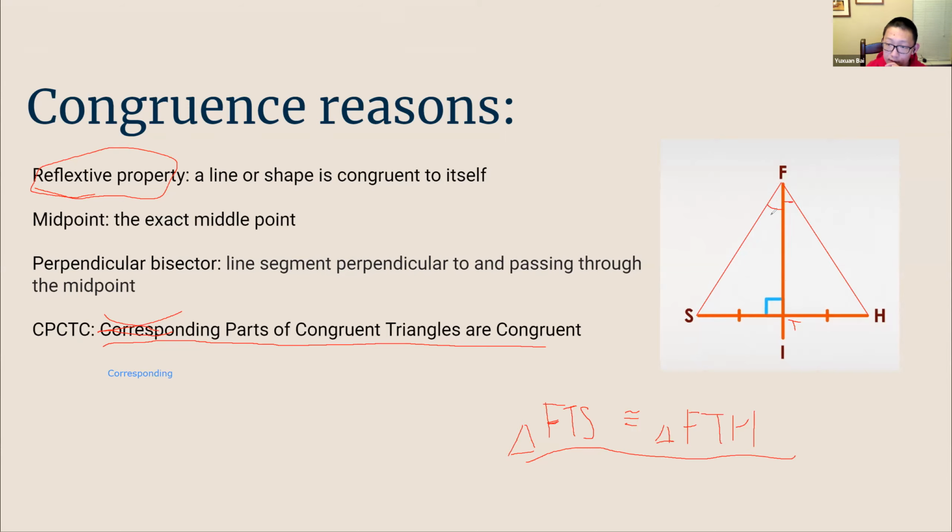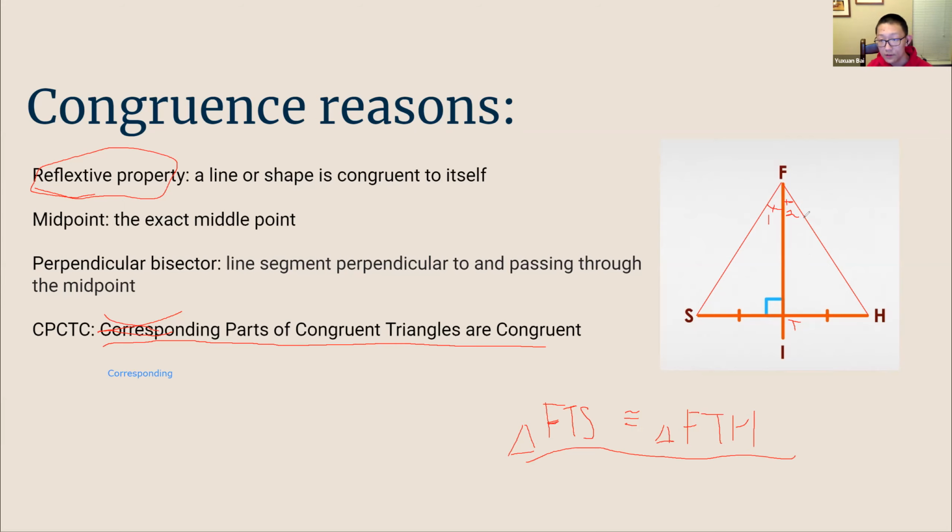If we call these angles, for example, angle 1 and angle 2, these two angles are congruent to each other because they are the corresponding parts of the two congruent triangles that I wrote on the bottom here.